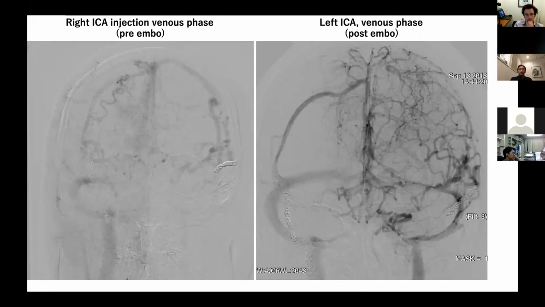Okay, so we go back to the veins again. So this is the right ICA injection, venous phase, pre-embo. No, this is not the ICA, it's the ECA. Okay, so this is the shunt that was using these veins. Okay, so this is the one that got thrombosed.